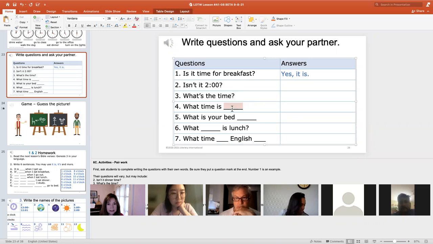What time is, again, they can fill in, the students will be filling this in with words of their choice. And some of them, there's only a couple of possibilities. Some of them, they can get more creative. So what is your bedtime? What time is lunch? What time is English class?